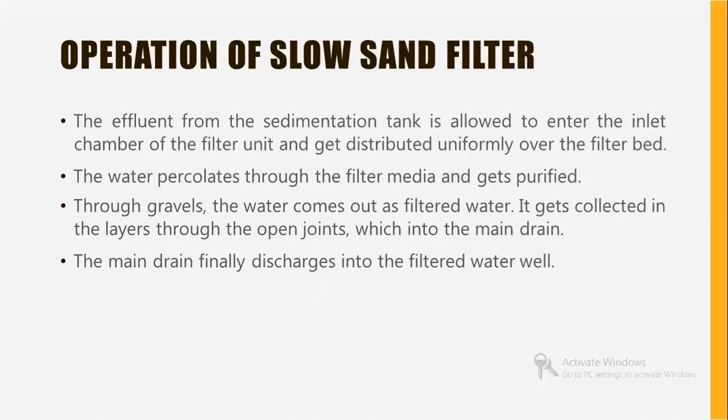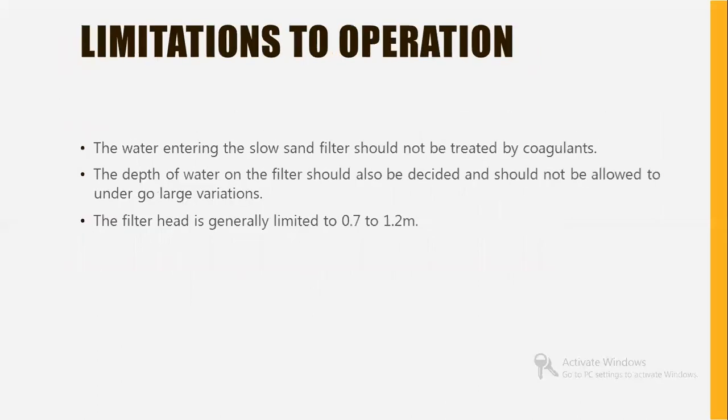Through the gravel, the water comes out as filtered water. It gets collected in the laterals through the open joints, which lead into the main drain. The main drain finally discharges into the filtered water well.